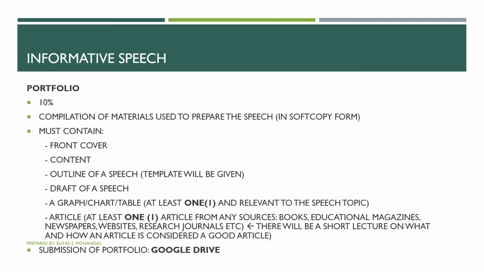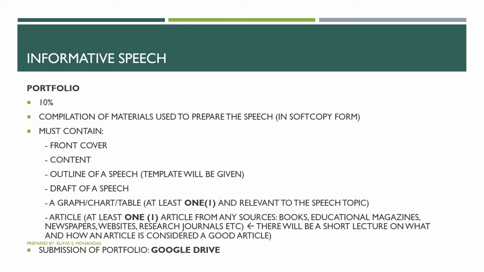Your portfolio must contain, number one, a front cover, a content page, and an outline of the speech. The template of the outline will be given, don't worry. Then, a draft of the speech. A draft means that once you have prepared the outline, you now write your speech, more like an essay. But a draft is just a draft. On the actual day, the content of your speech may be slightly different from what you have drafted.